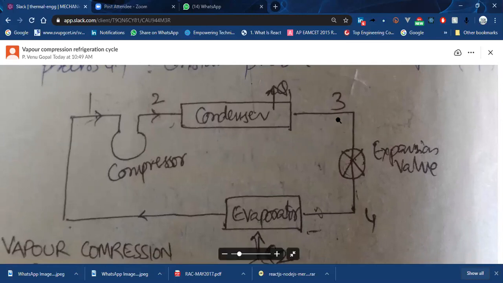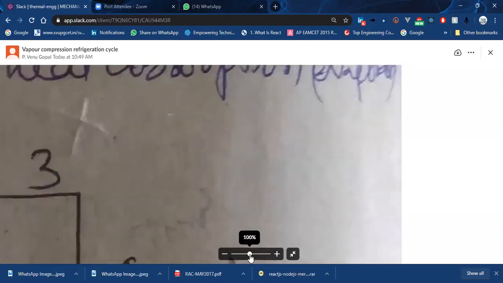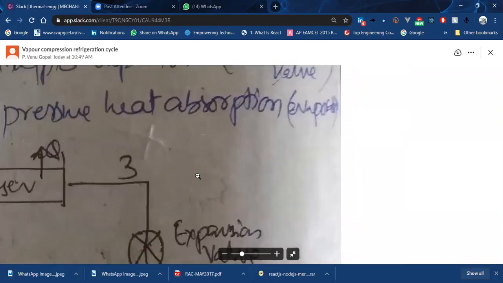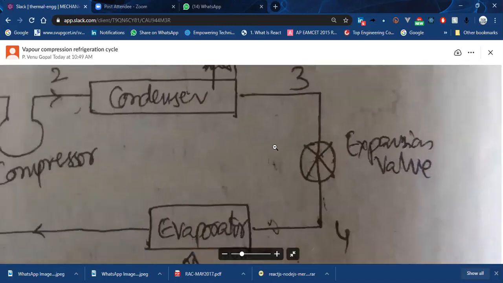Yeah, so that liquid ammonia will be sent to the expansion valve. Okay, so in the expansion valve, the liquid ammonia will be suddenly expanded. Okay, when the valve opens, it suddenly expands and the temperature will become very low.